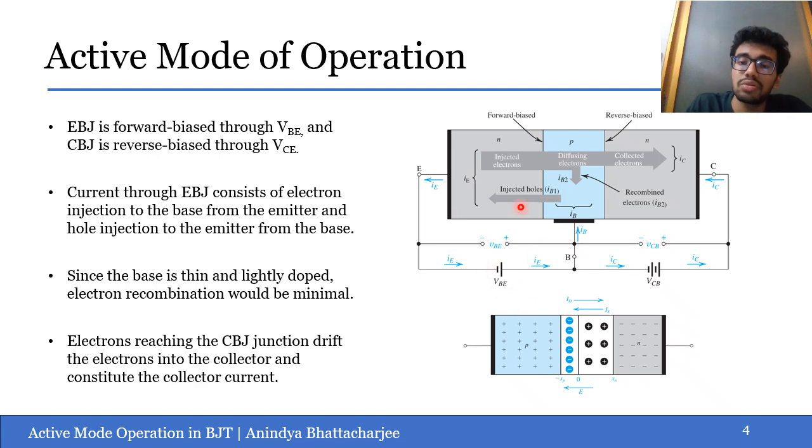So our target was to control the current through this terminal by the voltage across the emitter and base terminals. That was our target, to control the current of one terminal through the voltage of the other two terminals, and we have achieved that in this active mode of operation, right?